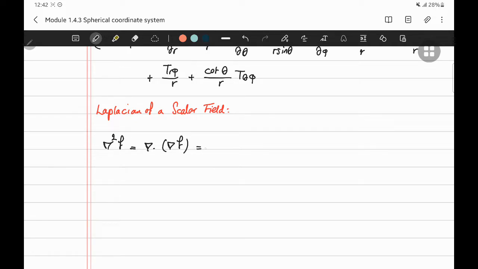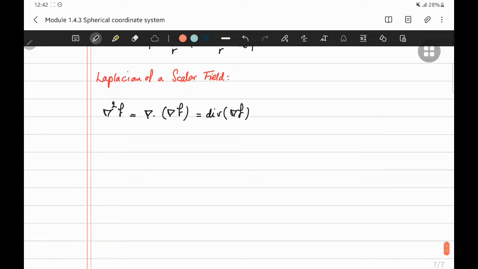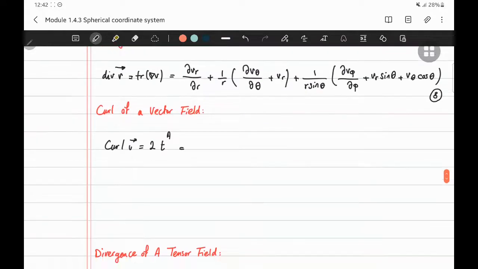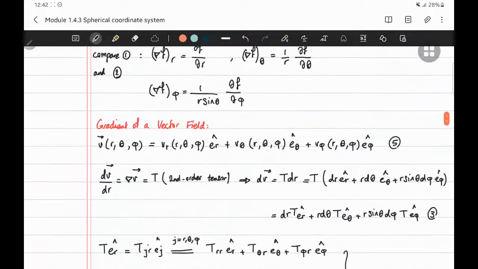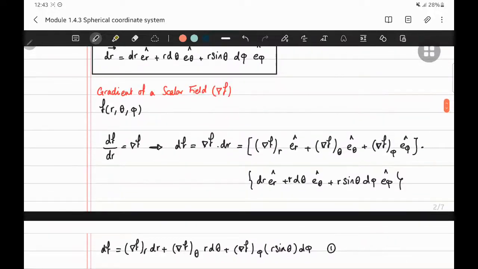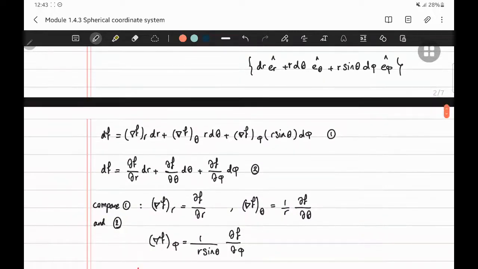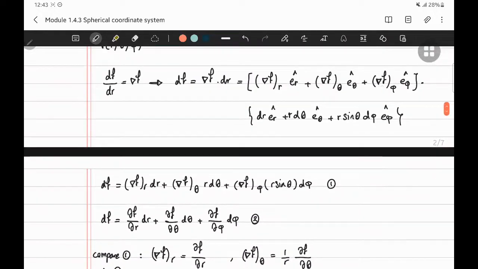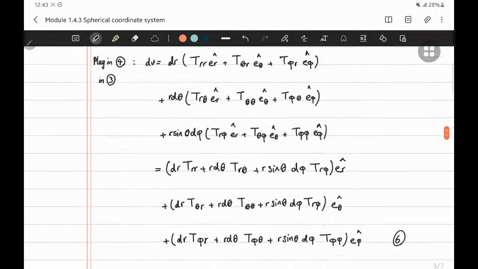Del dot is the divergence operator, so it is the divergence of del f, and del f here is a vector. So we have the divergence of a vector. So this del f we already calculated here, the gradient of a scalar field. So it is this vector with these components here.